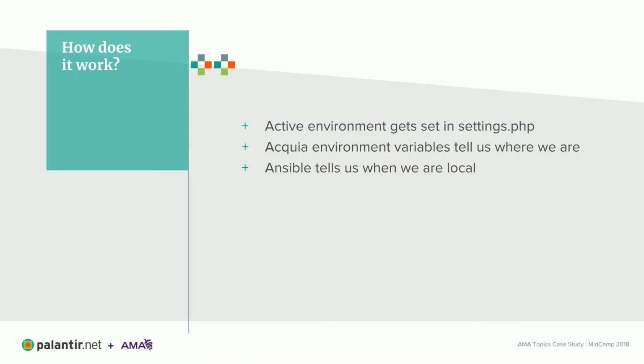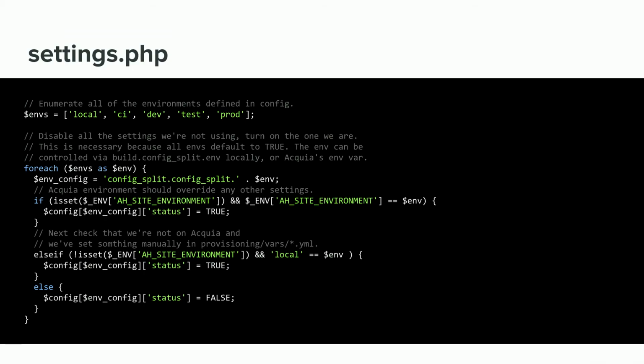So it works from a high level. The environment that you want to be using is set in your settings.php. For us, being in Acquia, we have Acquia environment variables that tell us if we're in production, stage, or a dev site, and if we're local, we have our Ansible build roles that tell us that. So the code looks like this.